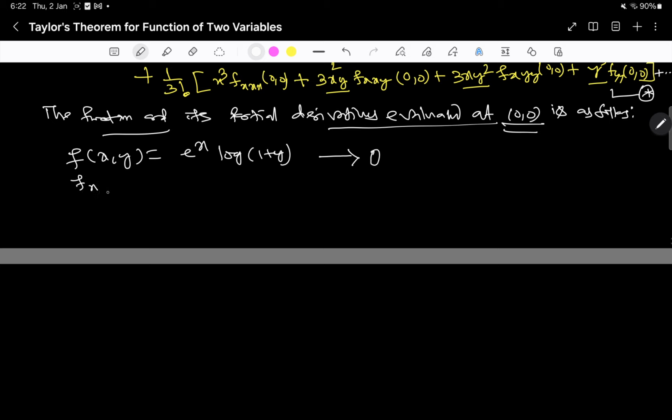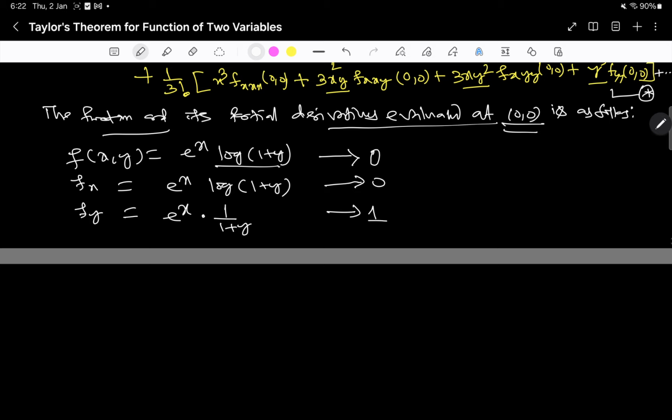Then we find fx: e^x is silent, and log(1+y) is again 0. Then what is fy? e^x remains, the derivative of log(1+y) is 1/(1+y). Putting x=0 and y=0, it is 1.